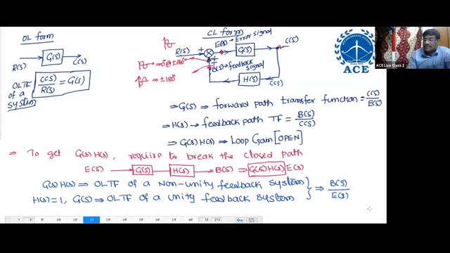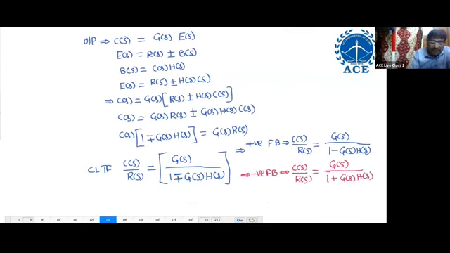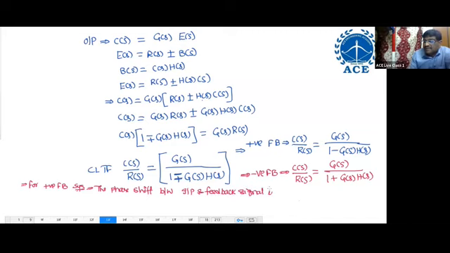Okay. So what is the conclusion? For positive feedback systems, the phase shift between input and feedback signal is 0 degrees or plus or minus 360 degrees.